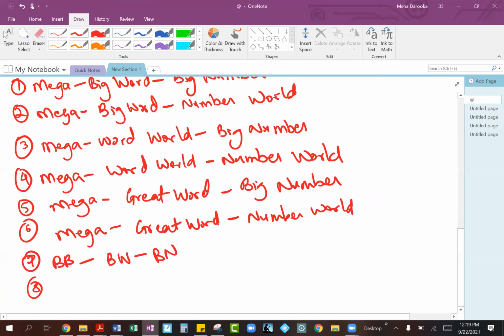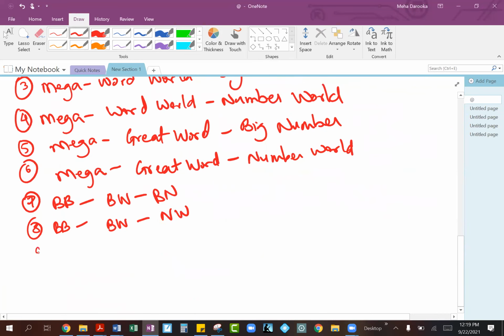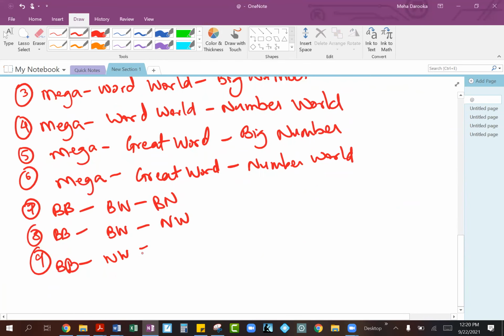Remember, in your homework, you will have to write out the full names. The abbreviations will not work. This guy will be Better Byte, Big Word, but instead this will be Number World as the Excel equivalent. And same thing. So Better Byte, what was our second one? Word World, and then again, Big Number. Better Byte, Word World, Number World.